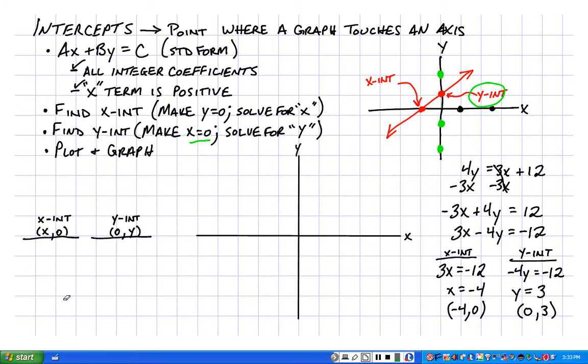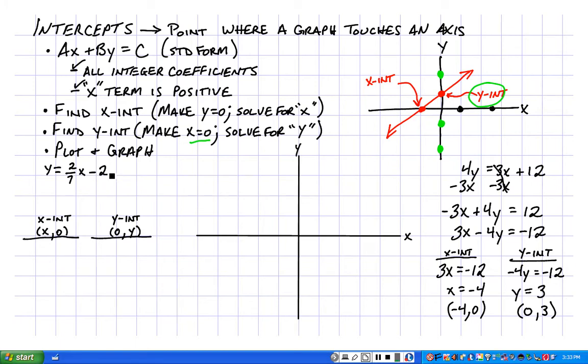Alright, so now try to see if I can squeeze this in. Probably should write it on the other side, but we'll figure it out. Here we go. So last equation I want to do with you would be y equals 2 over 7 x minus 2.